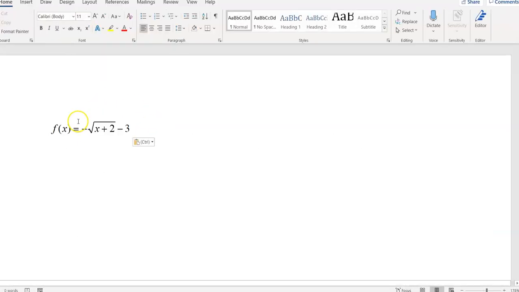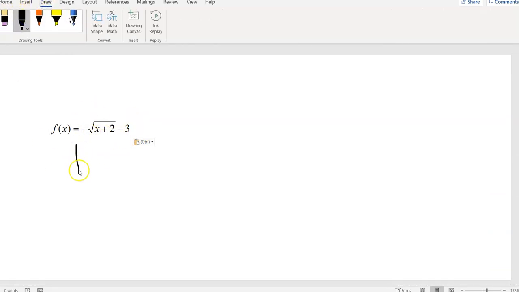Okay. All right, so let's recognize this has a square root. So my library function that I start with is the square root function, which looks kind of like a rising hill. All right, so out to the side is our vertical shift. That's going to take it down 3.